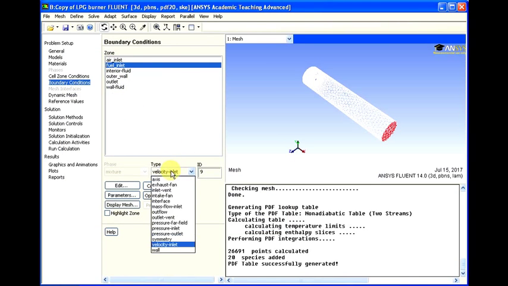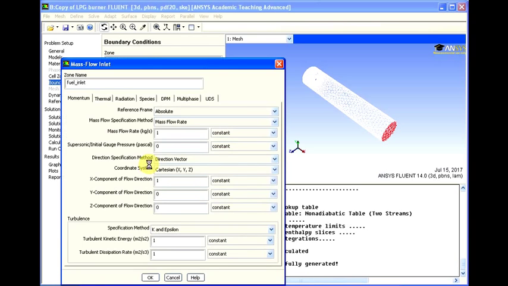Okay, now for the fuel inlet, we change to mass flow inlet. Like the previous model, we use 0.003 kilogram per second at 2 bar pressure, and normal to boundary direction.